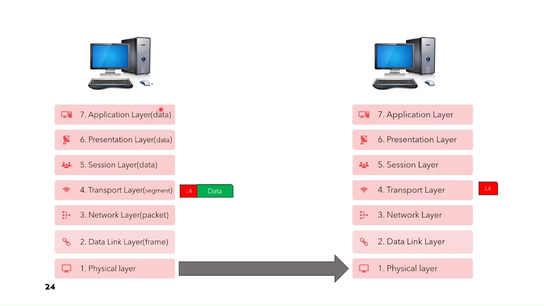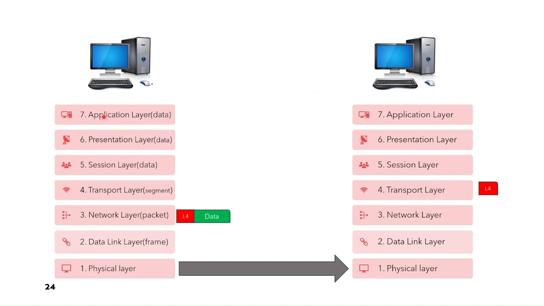what happens next is the data is further pushed down to the network layer. At the network layer, it identifies the destination network. Mind you, this identifies the destination network, not the receiving device. So it will add the IP of the destination device, and then the IP of the source device.